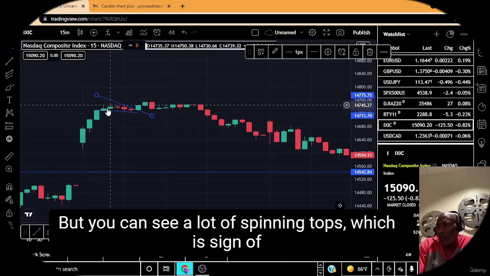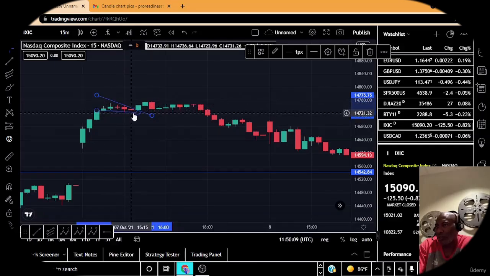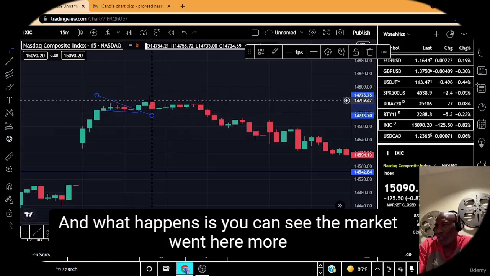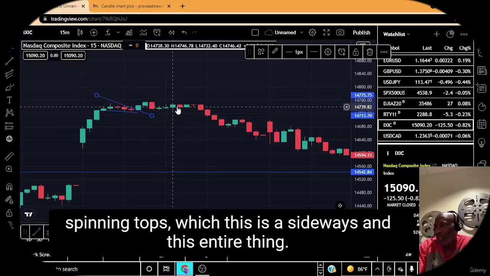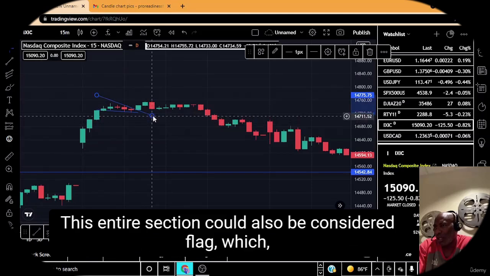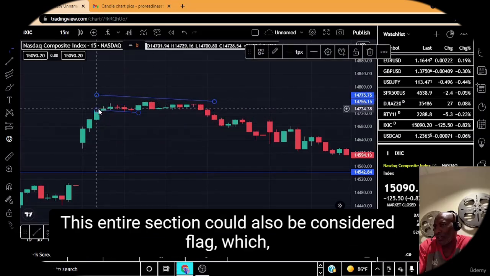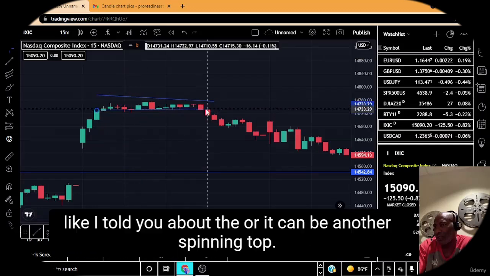But you can see a lot of spinning tops, which is a sign of a reversal. And what happens is you can see the market went here, more spinning tops, which is sideways. And this entire section could also be considered a flag, which is like I told you about, or it can be another spinning top.